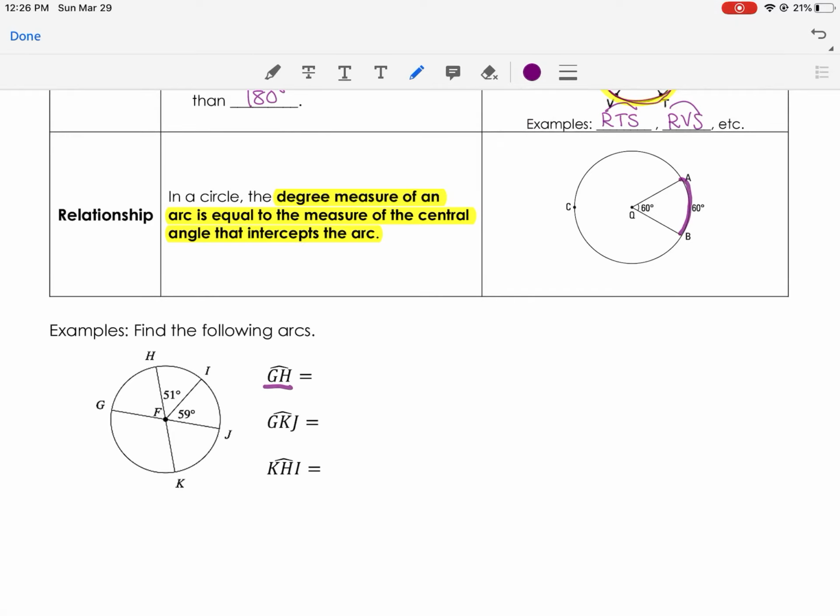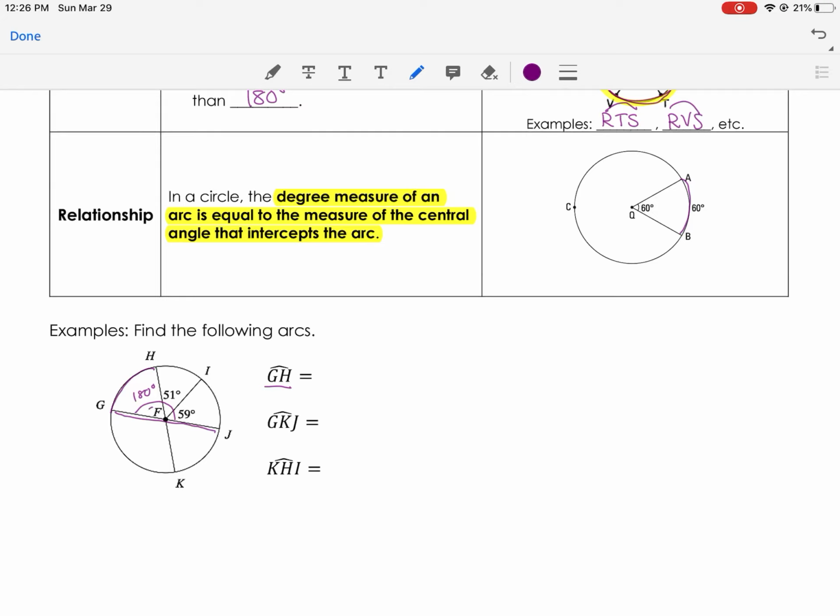So to start off, they say, okay, let's find arc GH. The problem with GH is if you look over here, there's no angle that I know right there. However, what we do know is that, do you see this straight line that goes to the circle? We know that a straight line represents the diameter, and that means the angle there, if I go all the way around here, is going to be 180.